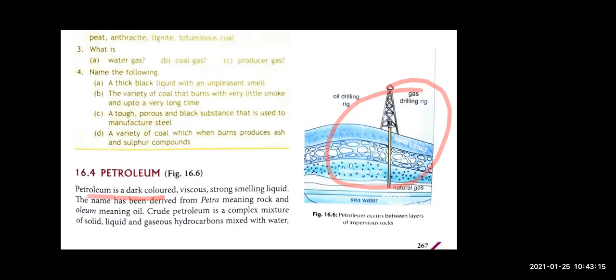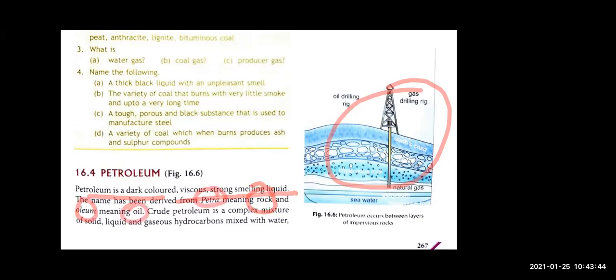What is petrol? Petrol is a dark colored and it is viscous. Viscous means it is very thick. It is viscous and it is strong smelling liquid. So this is your petroleum. Dark, viscous and strong smelling liquid. Its name has been derived from petra means rock and oleum means oil.